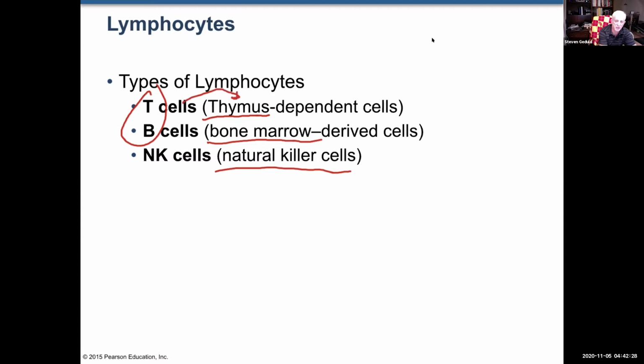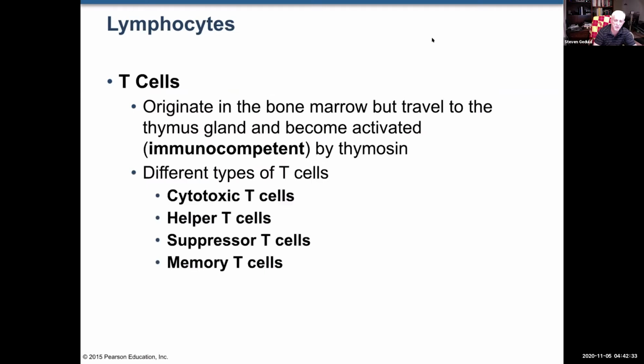That's why they're called T cells, thymus-dependent cells. But all three start in the bone marrow. Immunocompetent is the terminology for when they become active, in the thymus gland.